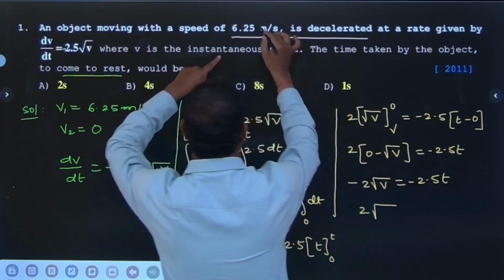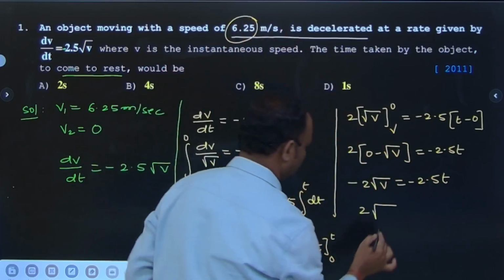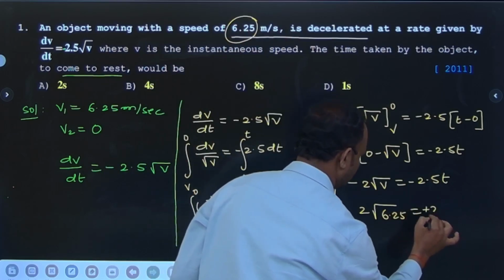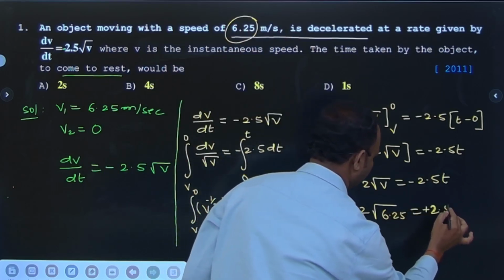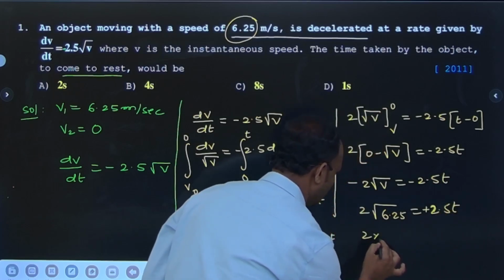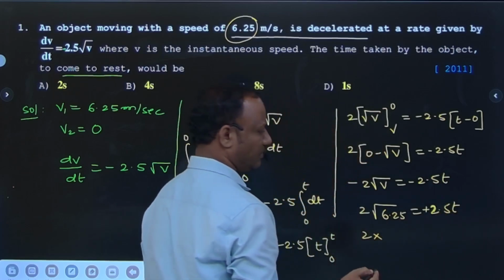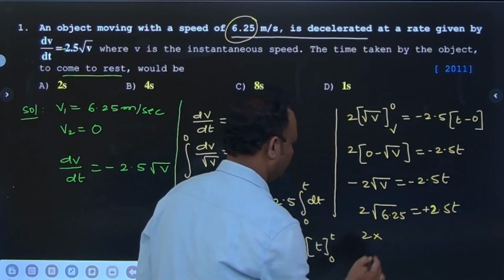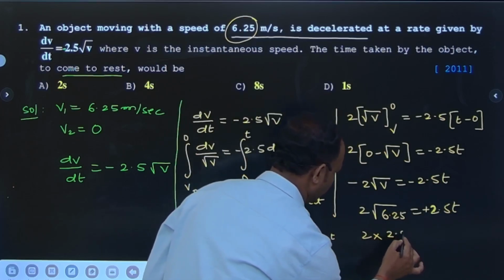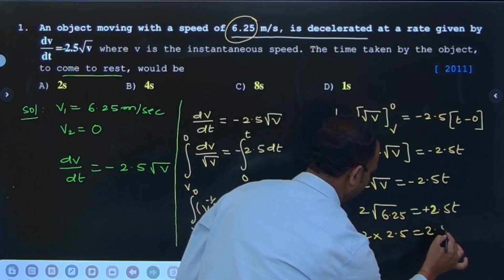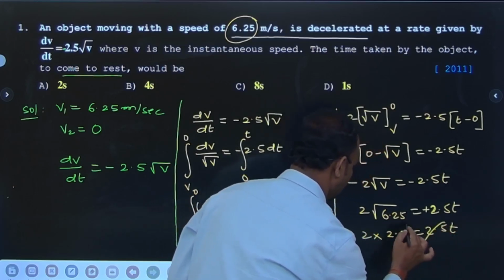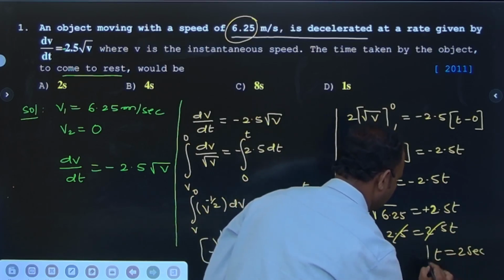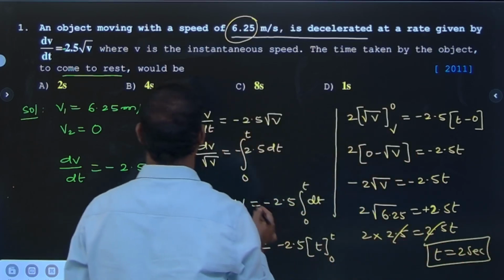V is given as 6.25, so 2 into root 6.25, which is 2.5, equals 2.5 t. So this cancels, and t is equal to 2 seconds.